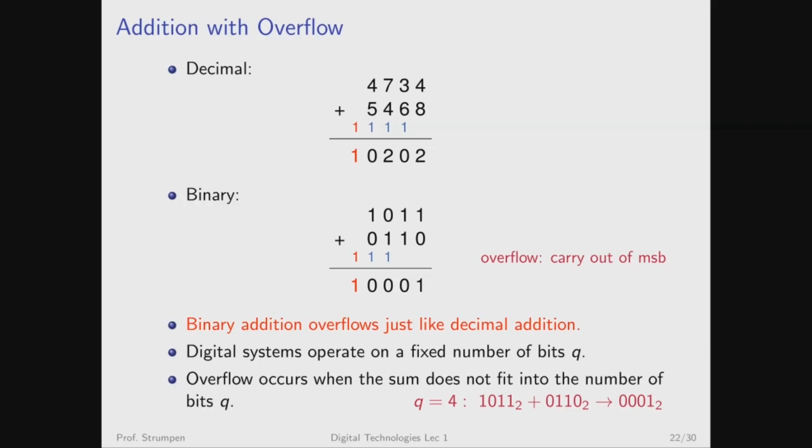However, when we build digital systems, we need wires to carry the individual bits as voltages, right? So if we build a digital system that is capable of manipulating 4-bit numbers, we build a 4-bit system, right? And then we're going to build an adder, and that adder will produce a 4-bit sum.